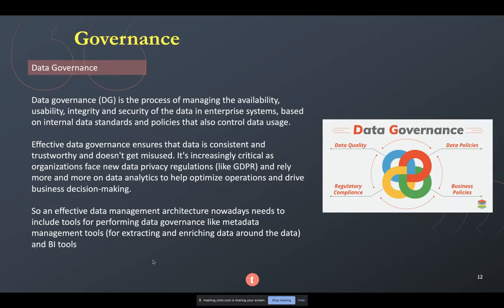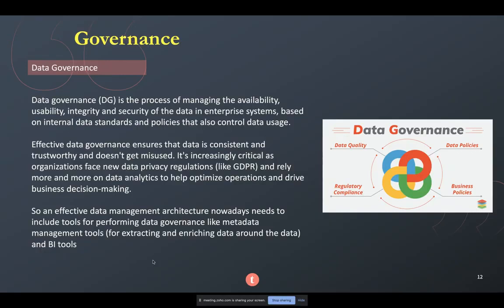Right now, we have people in companies who are accountable for the data, like the CDOs, who always need to know where the data is coming from, where it's going, who has access to it, how it is used, and so on. So an effective data management platform always needs to include tools for performing data governance. In most cases, this is achieved using what are called metadata management tools.